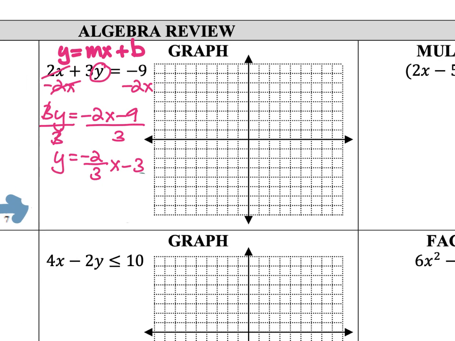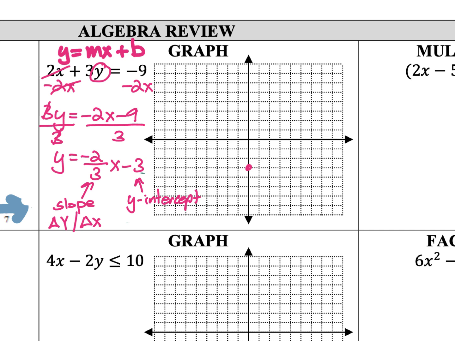So this is the y-intercept, which means that's where I am going to start graphing this line. Here's my y-axis. I need to go to negative 3 on my y-axis. That's the y-intercept. So 1, 2, 3 is right here. This is my slope. Slope is always going to be your change in y over your change in x.